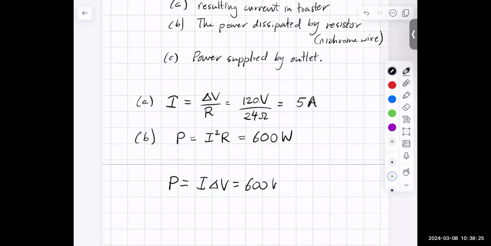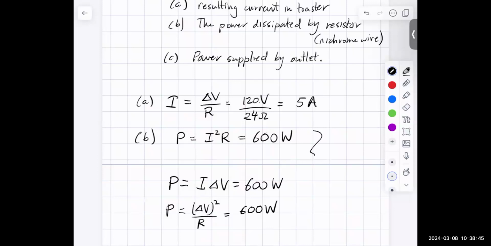Again, that's consistent. And the other one, we could do delta V squared divided by R. It's going to come out to be 600 watts. However you do it, you're always going to get the same answer.